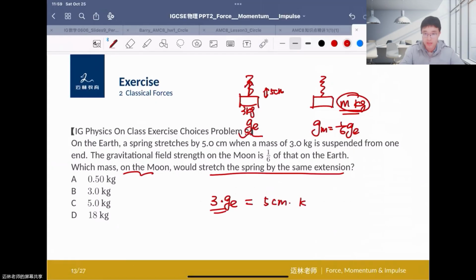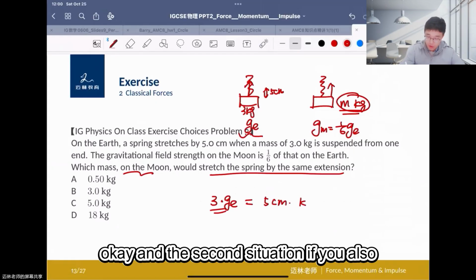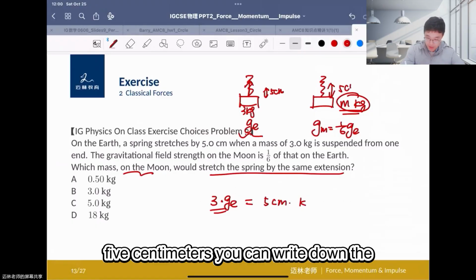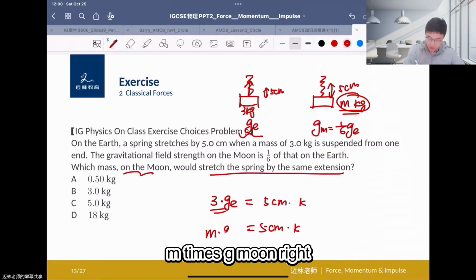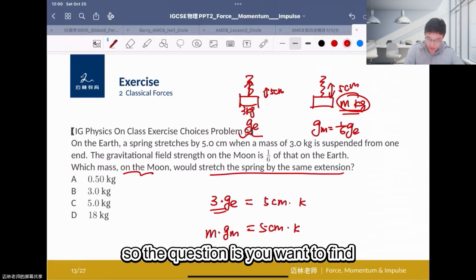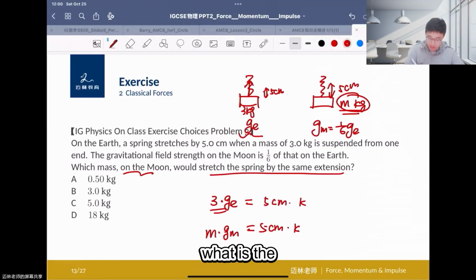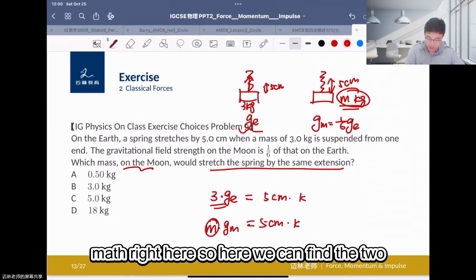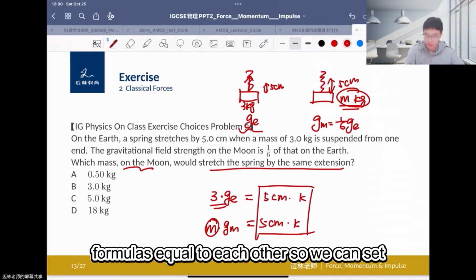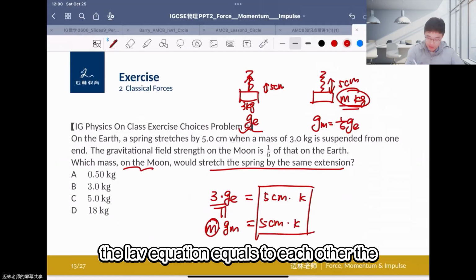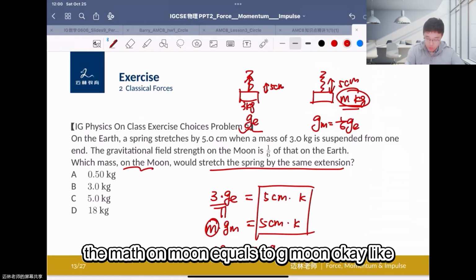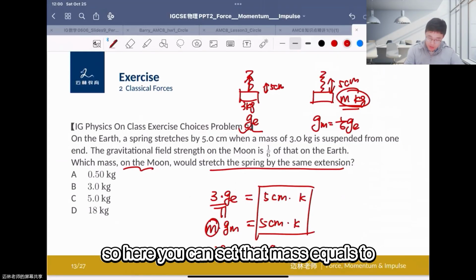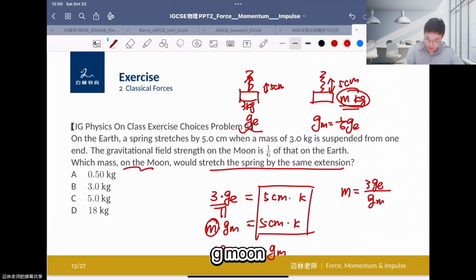So here is the first formula. In the second situation, if you also want the spring to stretch by 5 centimeters, you can write 5 centimeters times k equals m times g Moon. The question is to find the mass. So we can set the two left sides equal to each other: 3 g Earth equals m times g Moon. So the mass equals 3 g Earth over g Moon.